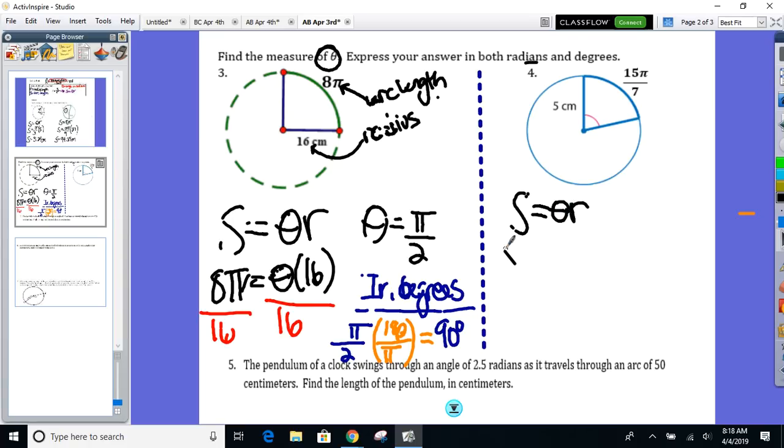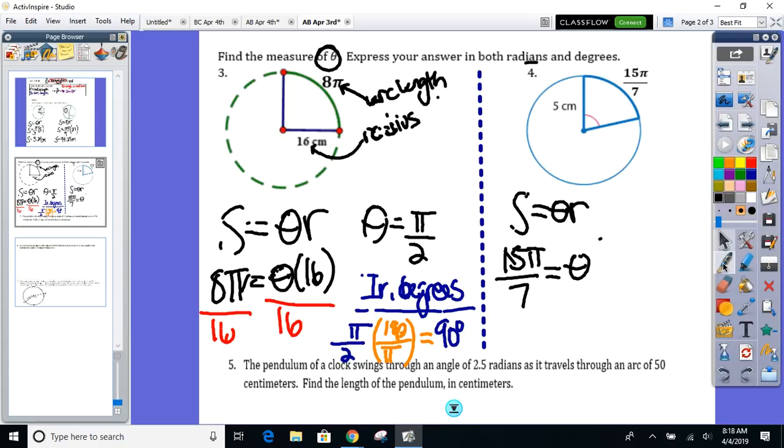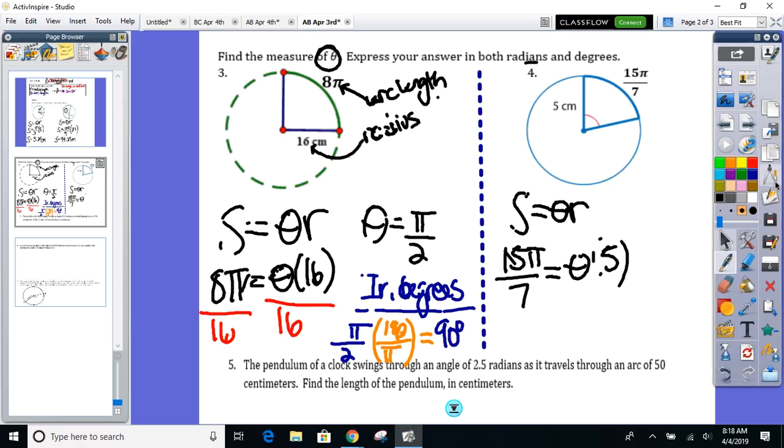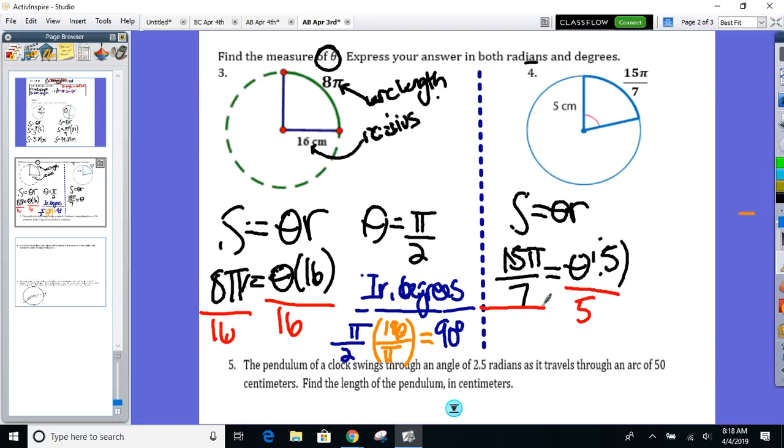I'm going to say my arc length this time is 15 pi over 7, and that's equal to theta times my radius, which is 5. Divide both sides by 5. And remember, this will get you the radian measure of that angle. So you want to keep the pi in your answer.